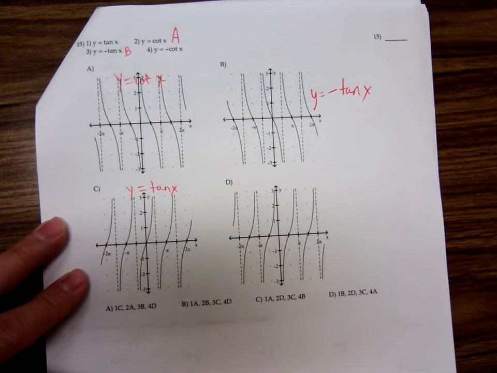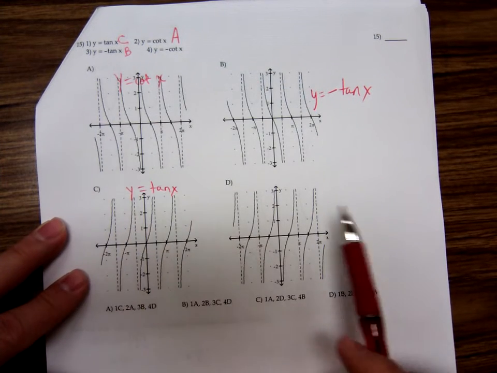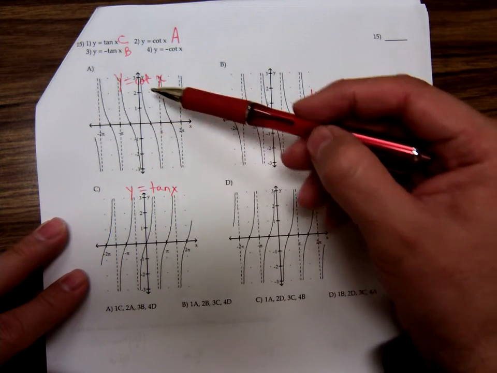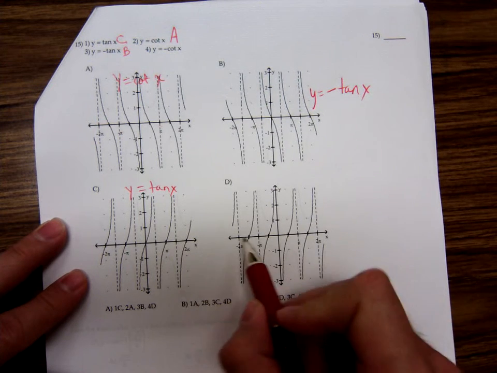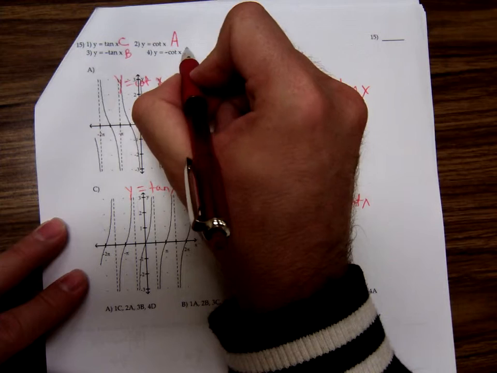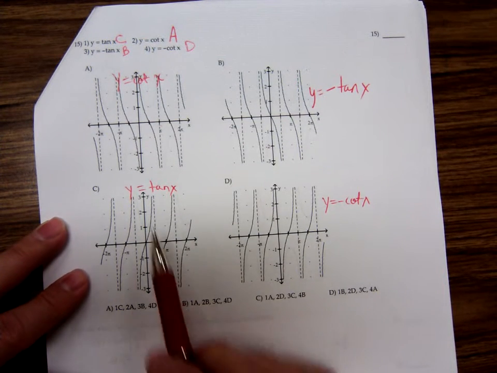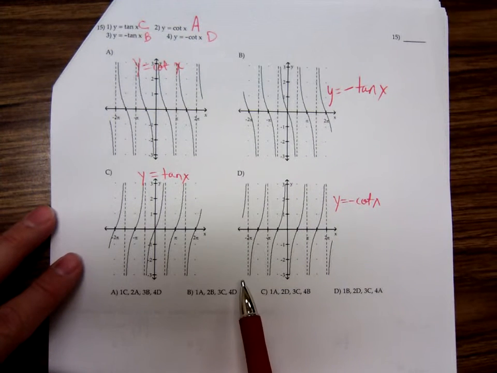Right here is y equals cotangent x. So here's cotangent x. If we keep those asymptotes but flip it across the x-axis, we get this one here. So D is negative cotangent x. Again, I'm doing all of these; you could usually get by with just doing a few of them.